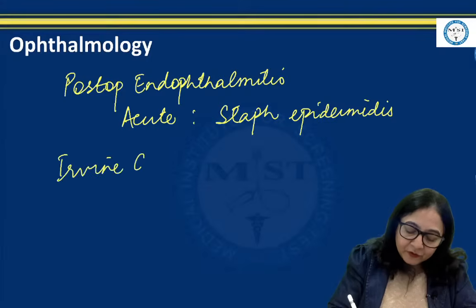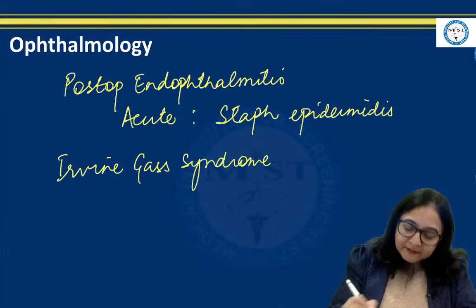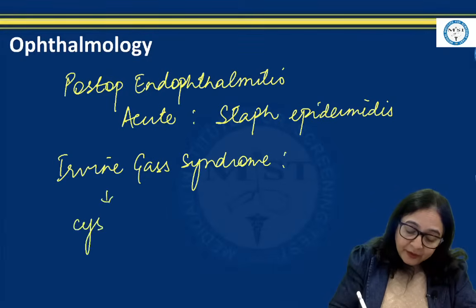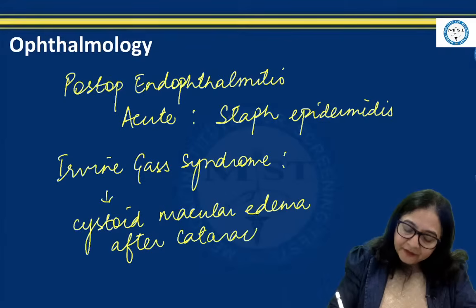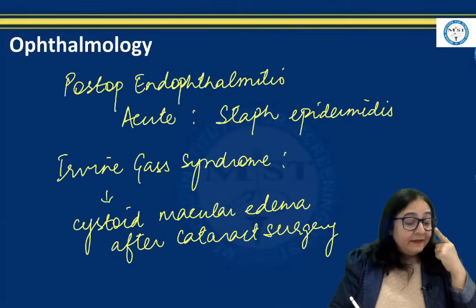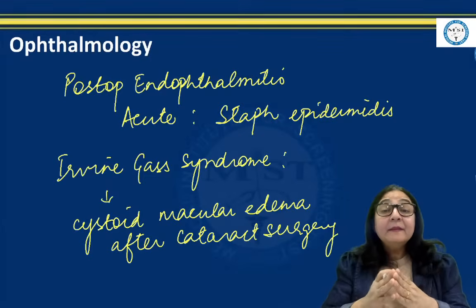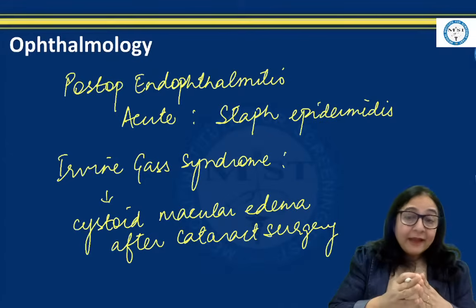And what is Irvine-Gass syndrome? Last time a question was based on this as well. Irvine-Gass syndrome is development of cystoid macular edema after cataract surgery. These are some other complications of cataract surgery.